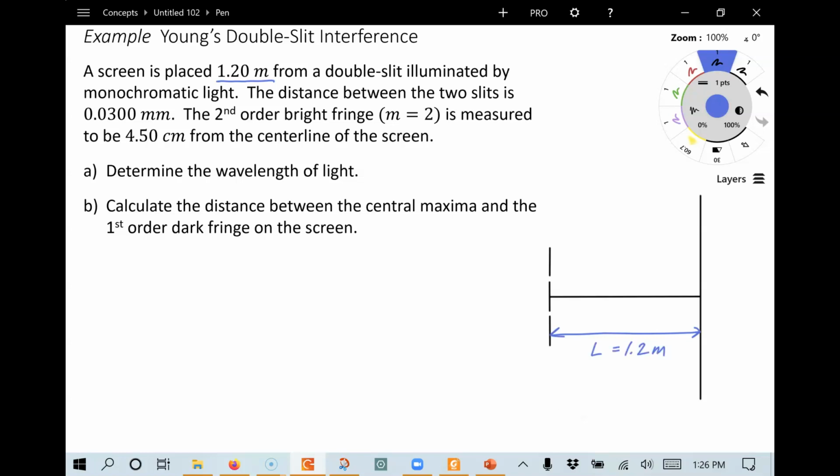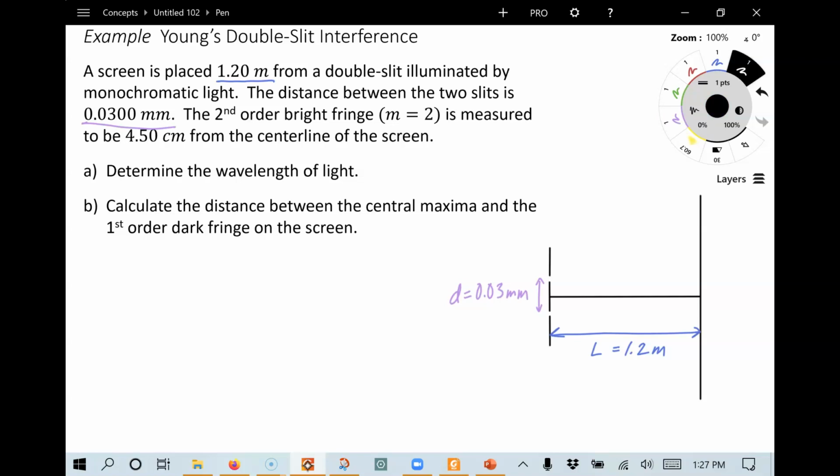Then we know that the distance between the two slits, d, is 0.03 millimeters. And we're also told some more information.